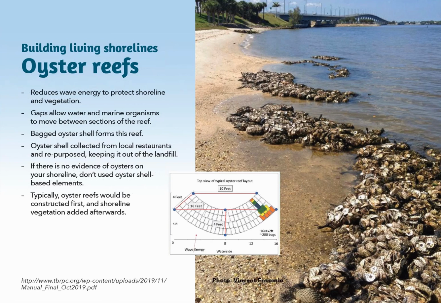And also the fact that this bag system makes this really easy to deploy. So volunteers are enlisted to do this work, and it really gets a lot of people involved, where some of the other oyster structures have to be barged in, and they have to have heavy equipment. We don't like the bags, but I think for right now it's working really well, and there's going to be a solution to this plastic issue before very long.